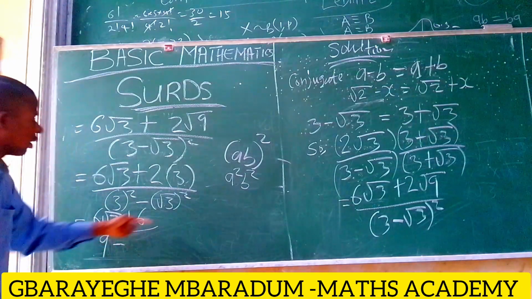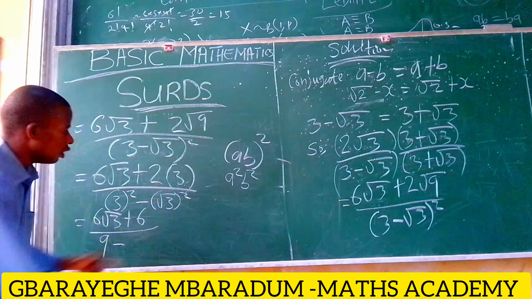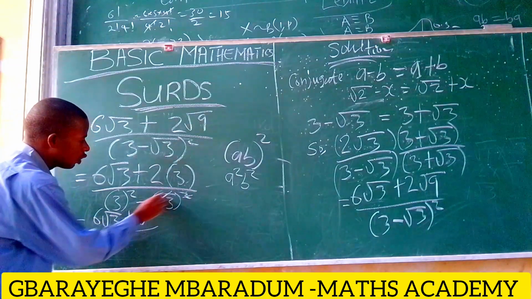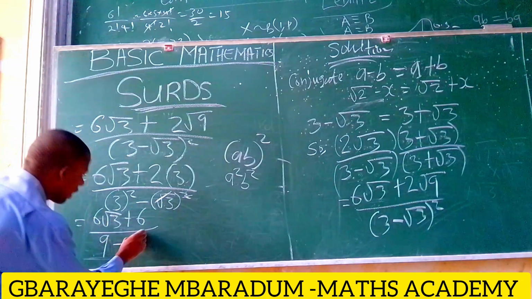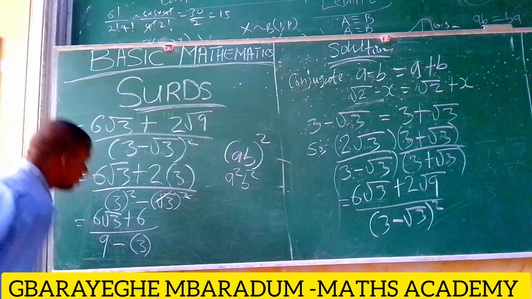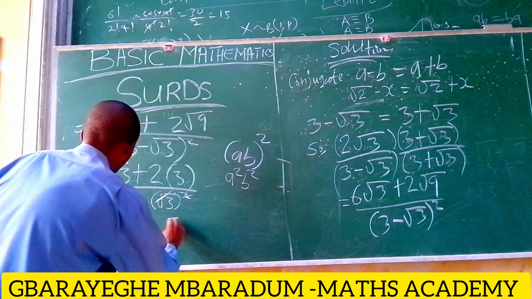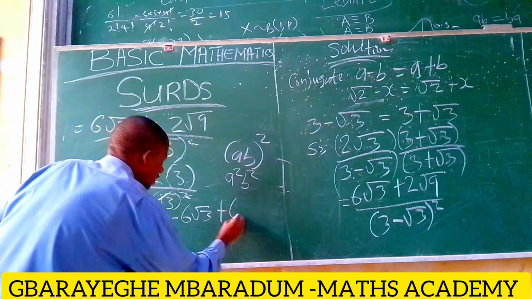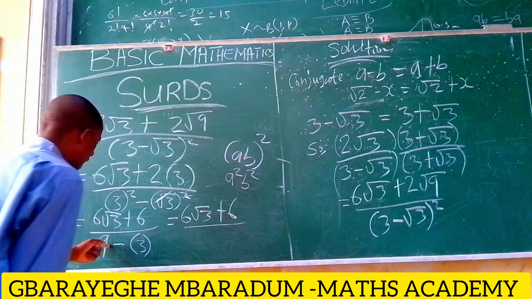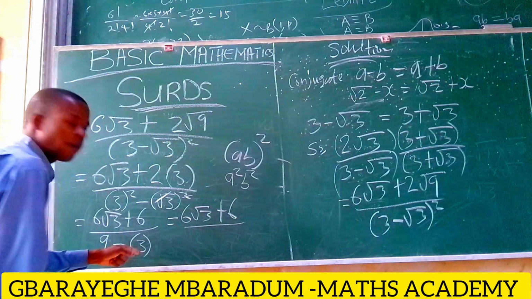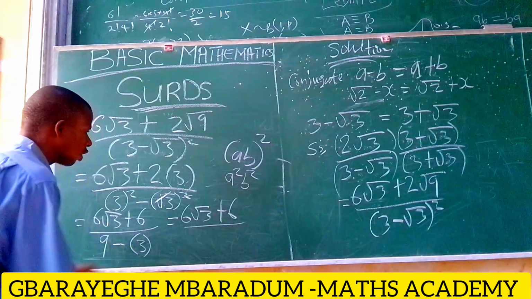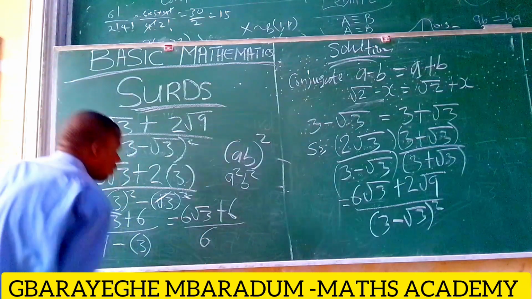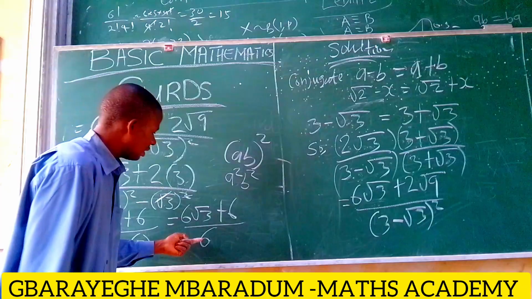Now if you look at this, you know that the power 2 will cancel the root, so we are left with 3. Now, this implies that 6 root 3 plus 6, all over 9 minus 3. 9 minus 3 is 6, right? So our final answer is this.